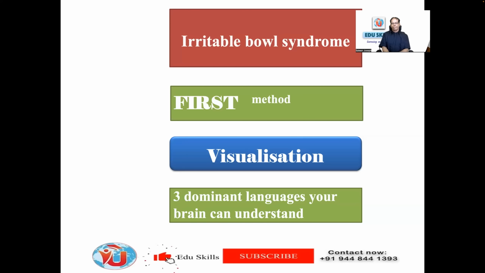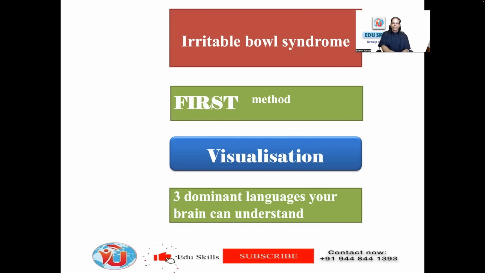Those 5 love languages of nurses are the language of touch, language of affirmative words, then language of service, language of gift, quality time. So words, touch, time, gift, service. These are the 5 things which I'll be explaining in the next session. That's not very important for OET, but definitely it's important for life.